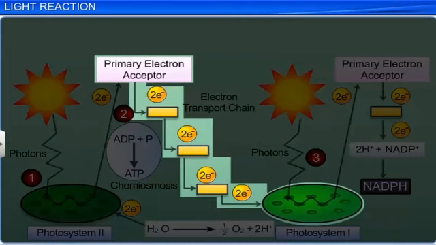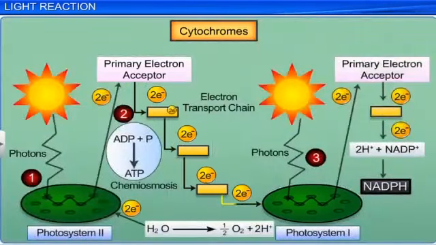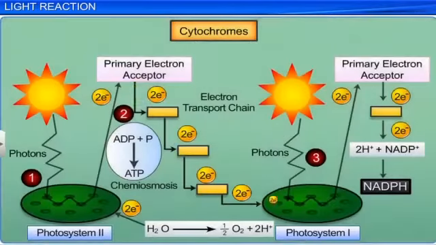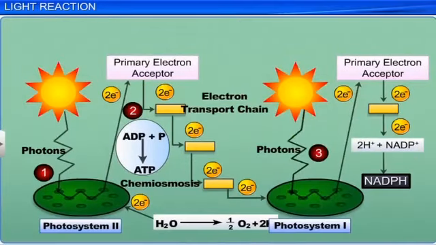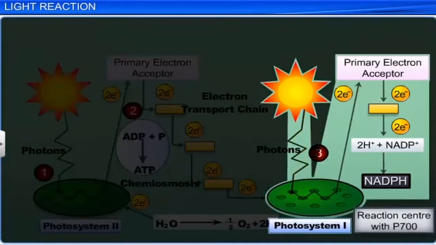The electron transport system consists of cytochromes. The movement of electrons is downhill in terms of lower redox potential. The electrons from PS2 are passed on to PS1 through the electron transport system. Simultaneously, electrons of the PS1 reaction center are excited by absorbing red light of wavelength 700 nm.